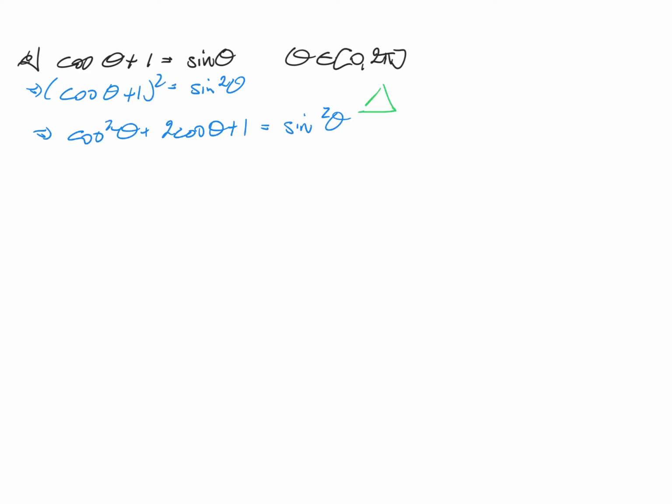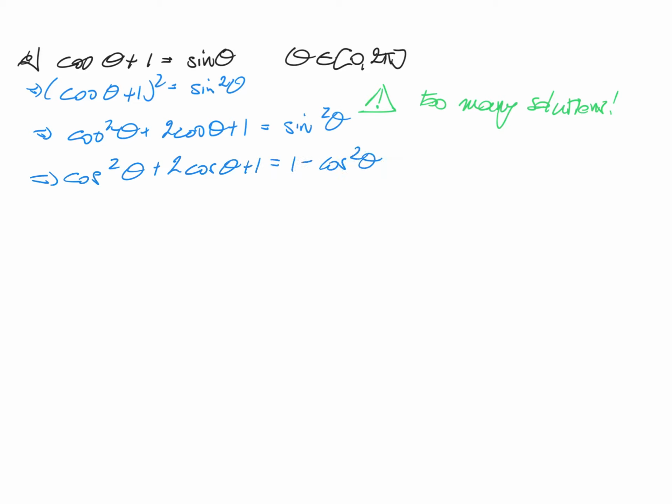However, beware, because of taking the square, we lost the information of the sign, so we get in the end more solutions than we are allowed to. So we will have too many solutions in the end, and so you will have to check what solution is a true solution and which one is not. We then replace the sine squared by 1 minus cosine squared, so this is 2 cosine theta plus 1 equal to 1 minus cosine squared of theta.